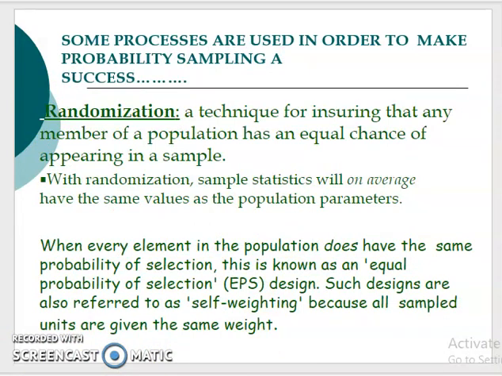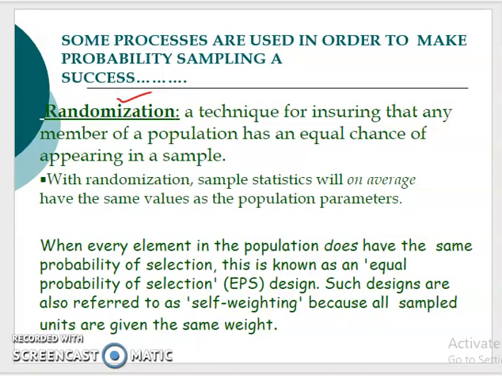Then one process used to make a probability sampling exercise successful is randomization. It is a technique for ensuring that any member of a population has an equal chance of appearing in a sample. And with randomization, the sample statistics will on average have the same values as the population parameters.